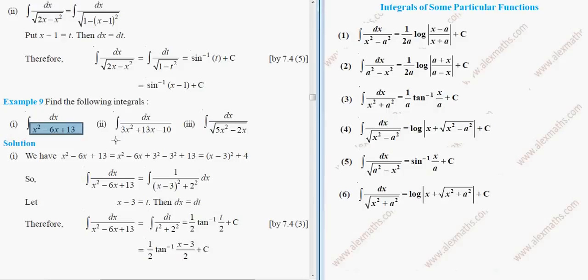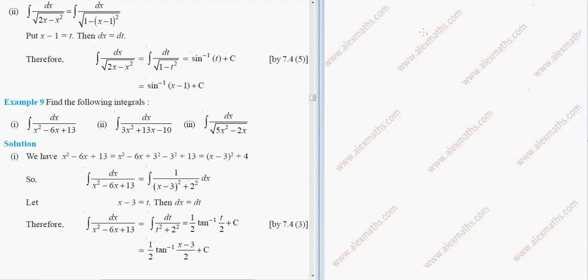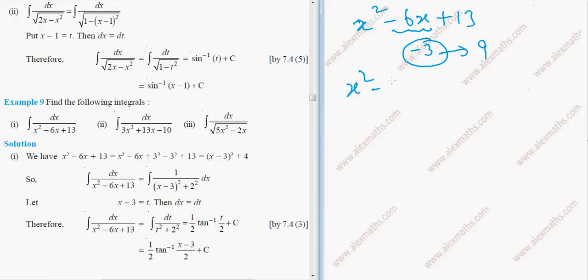When you have x square minus 6x plus 13, look at this term. We have x square minus 6x plus 13, isn't it? Take half of this number, which is nothing but minus 3. Its square is what? 9. So you have to add that square and subtract that square and write the last term as it is.